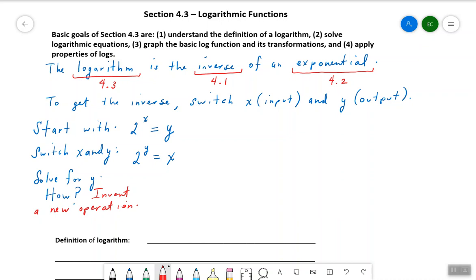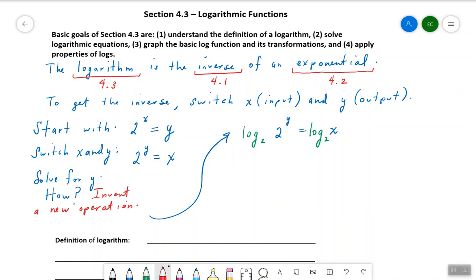And so here's what we're going to do. We're going to start with 2 to the y equals x, and then the new operation is going to be called log base 2. And we're going to do it to both sides to keep the equation balanced.